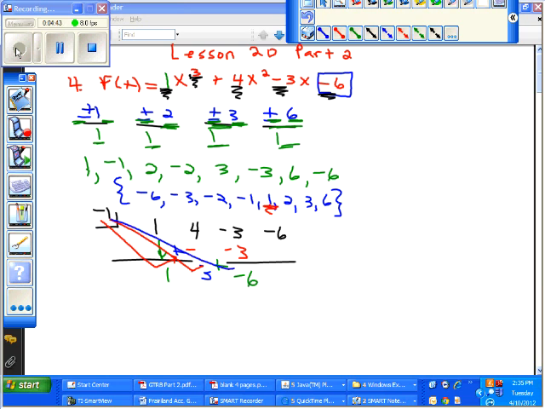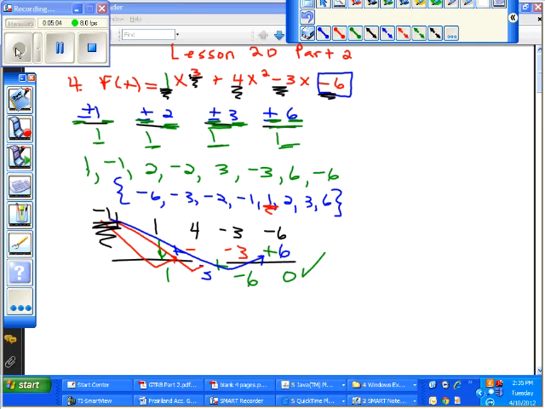And then we're going to multiply. Negative 1 times negative 6 is positive 6. And then we add, and we get a 0. And since we got a 0, we know that that is a root.